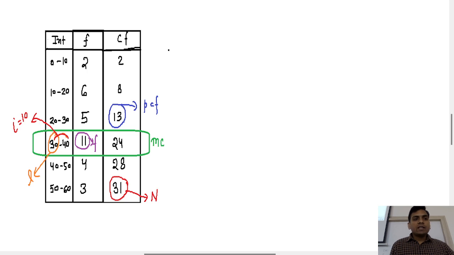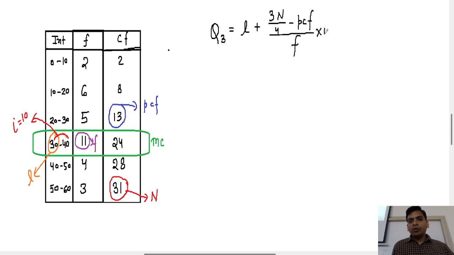So again your target is to find Q3. So the formula for Q3 is L plus (3n upon 4 minus PCF) upon F into I.